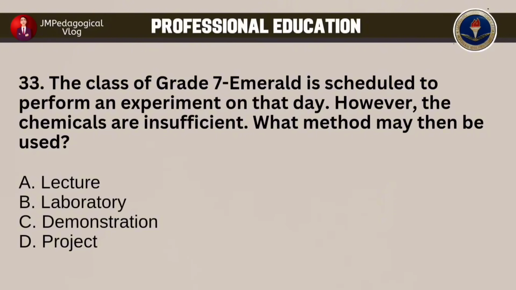The class of grade 7 Emerald is scheduled to perform an experiment on that day. However, the chemicals are insufficient. What method may then be used? A. Lecture. B. Laboratory. C. Demonstration. D. Project. C. Demonstration.